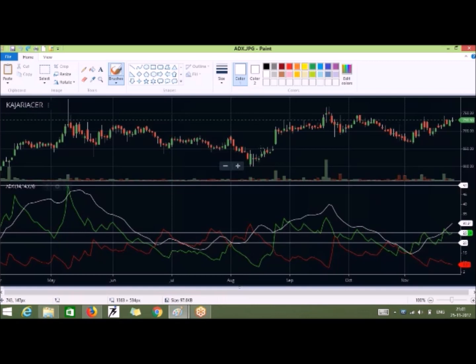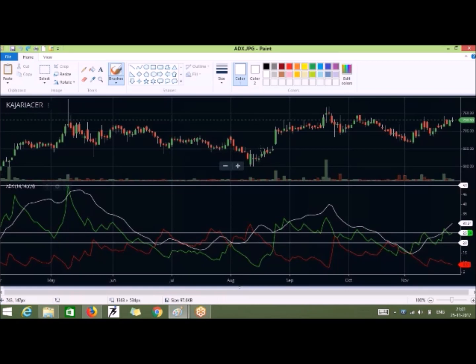To repeat again, please listen carefully to these setups. When ADX is above 20 and the positive directional indicator crosses over the negative directional indicator, it's a buy signal indicated. So where can we find this one?